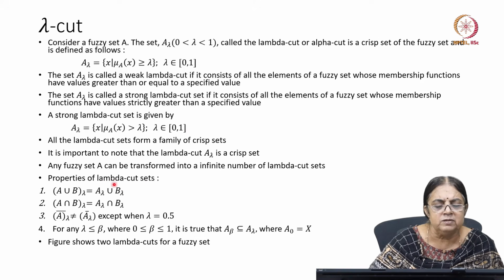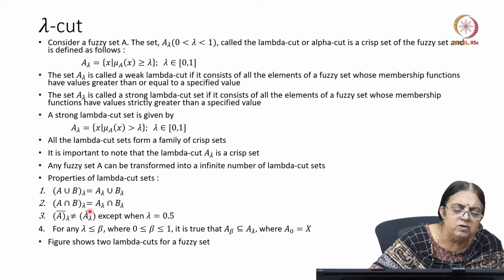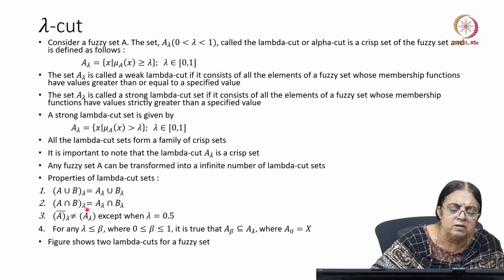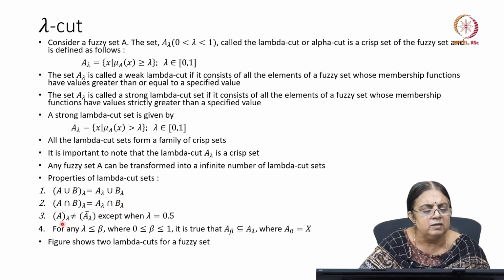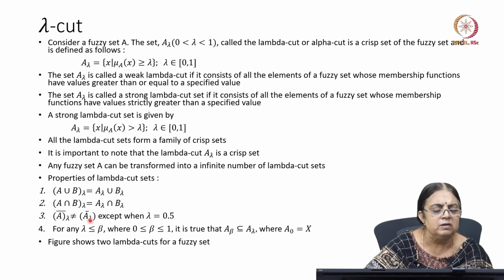so what are the properties of this lambda cut sets? So suppose I have two fuzzy sets A and B, so I am taking A union B and taking the lambda cut of that, that will be equal to the lambda cut of A union the lambda cut of B. Similarly for the intersection, A intersection B, the lambda cut of that is equal to lambda cut of A intersection the lambda cut of B. And this one is not equal, right?